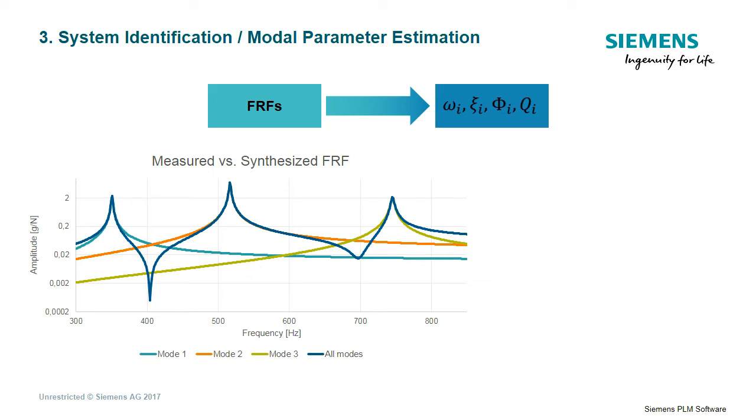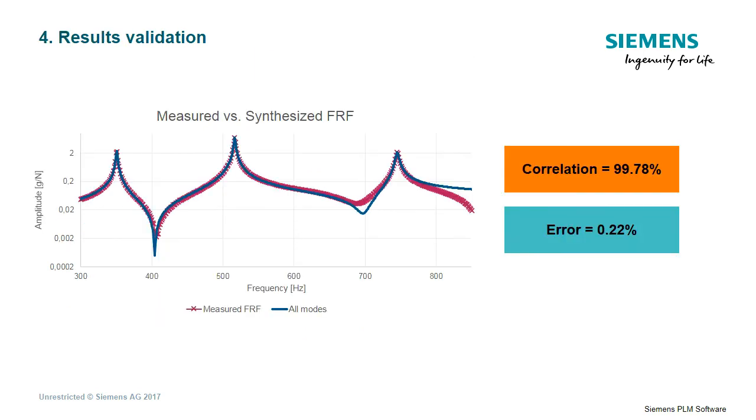At this point, an obvious approach is to make sure that the modal model we estimated is representative of the real structure and we didn't miss any modes. We will typically validate the identified modal model by synthesizing the resulting frequency response function and overlaying that synthesized function with the measured one.